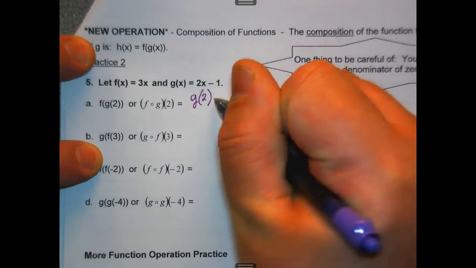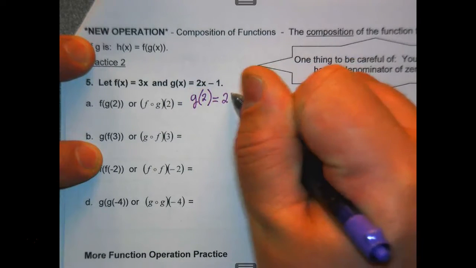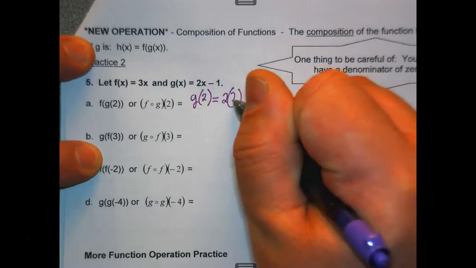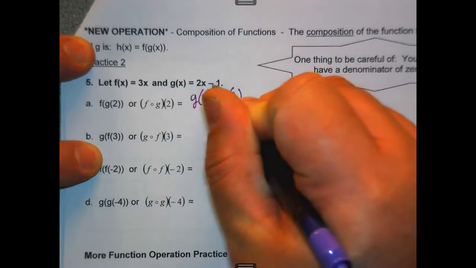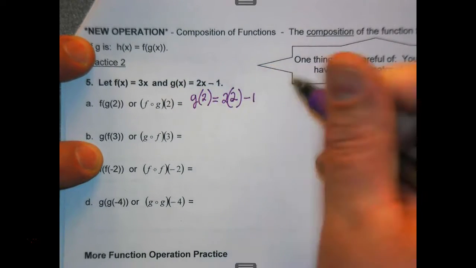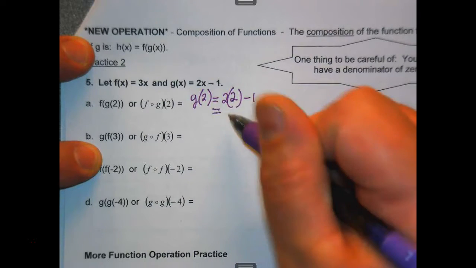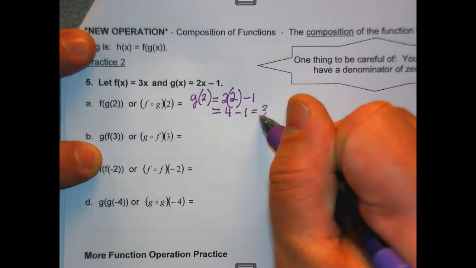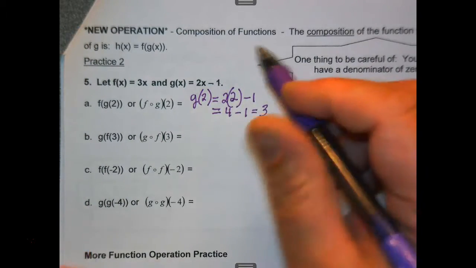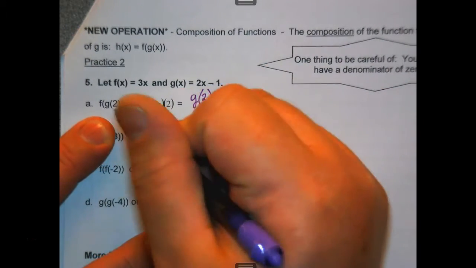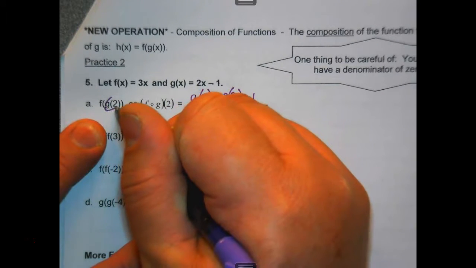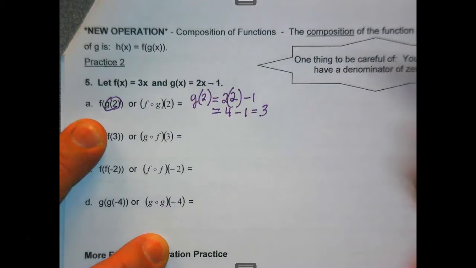And the g of 2 is going to equal 2 times my x, which is 2, minus 1. So the g of 2 is going to be 4 minus 1, which equals 3. Now, I am no longer going to use the f of g of 2. I am going to substitute in 3 for my g of 2.